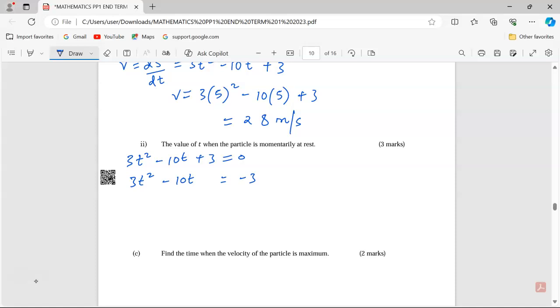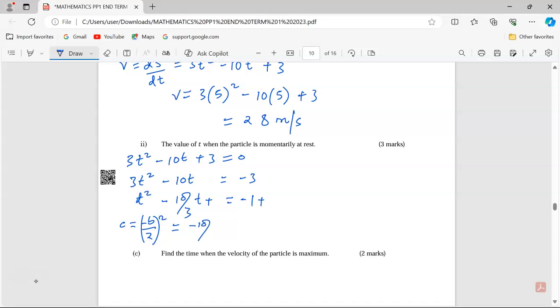We can divide by 3 first of all, because the coefficient of t squared must be 1 when solving using what we call the completing the square method. We have divided everything by 3. The next thing is to add a constant to both sides. The constant c is usually given by negative b over 2, squared.